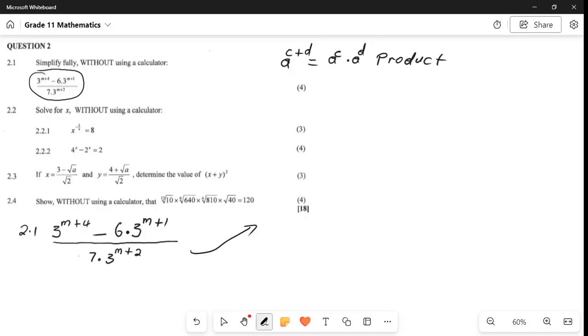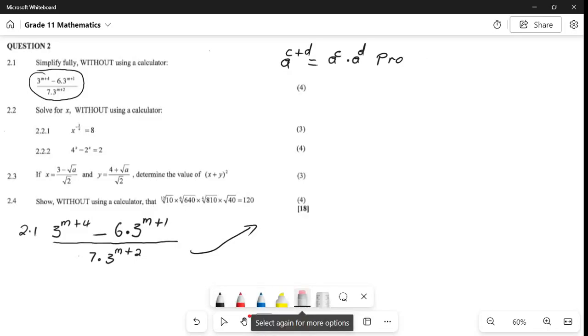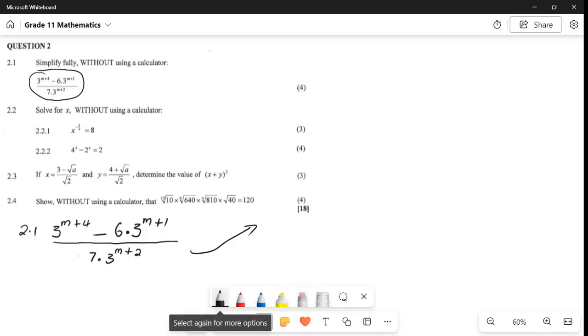Let us apply it to this one and see what it gives us. So we are going to have 3 to the power m multiplied by 3 to the power 4.